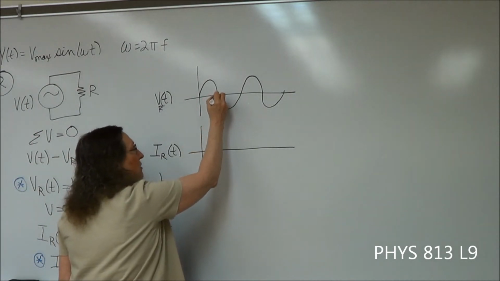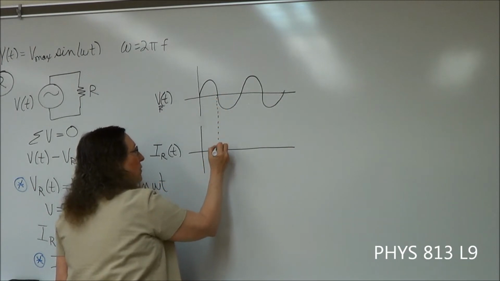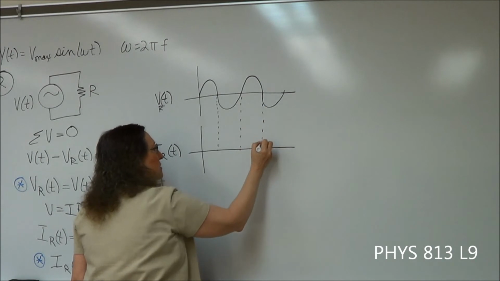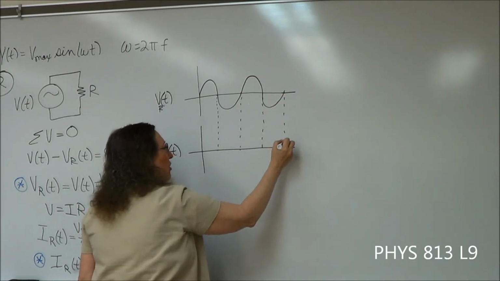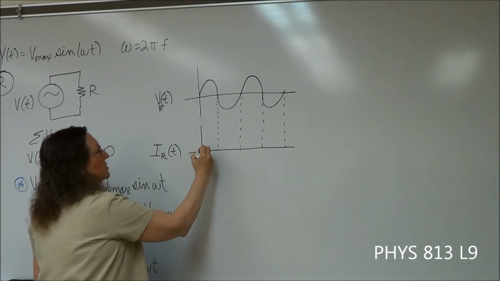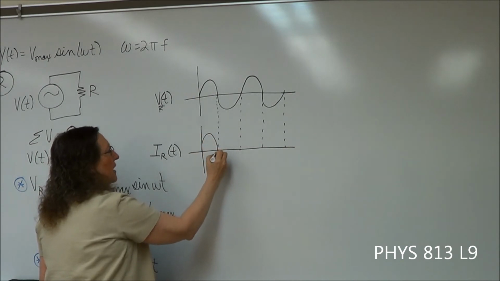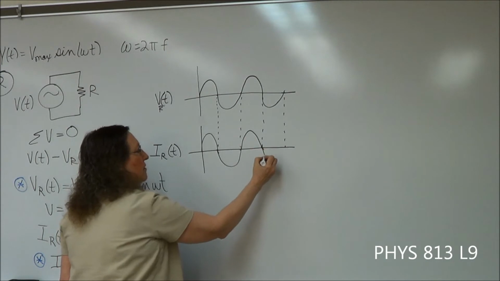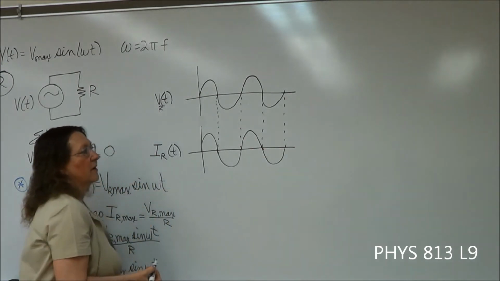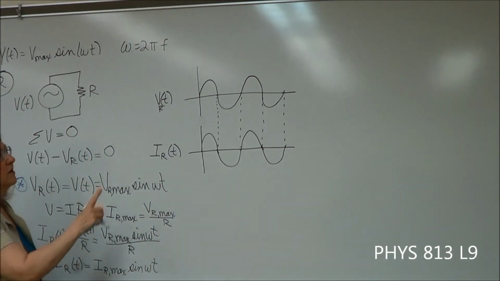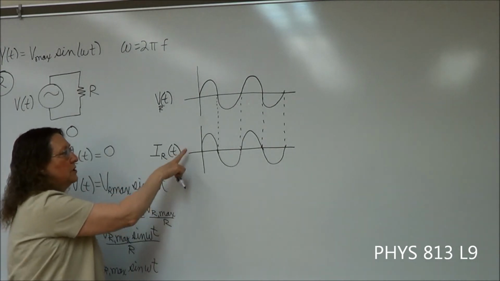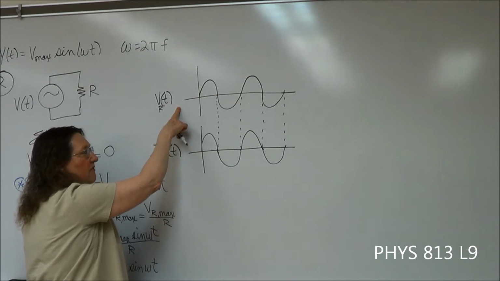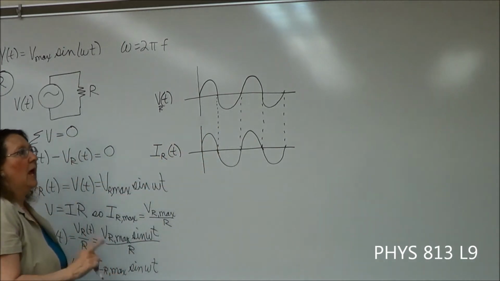So I'm actually going to put a little dotted line here so I can get the curves where they're supposed to be. So this will go up, come back down here, it will have a dip here, and a bump there, and a dip there. So this is important to notice that the current graph and the voltage graph look the same.